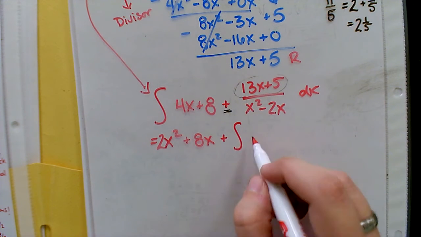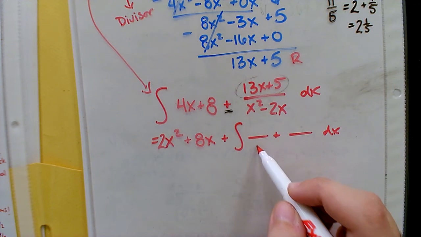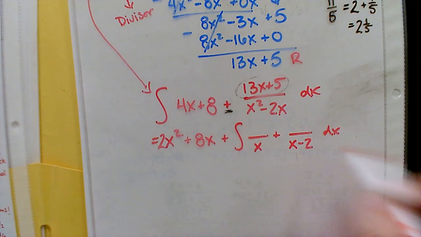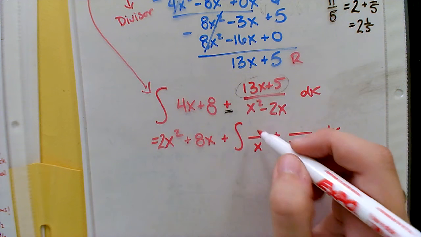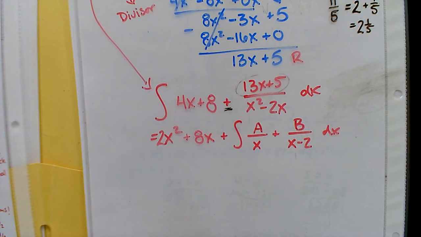So, what would our partial fractions look like? If we factored the denominator, we'd have a factor of x and then a factor of x minus 2. And we'll throw in those temporary numerators.